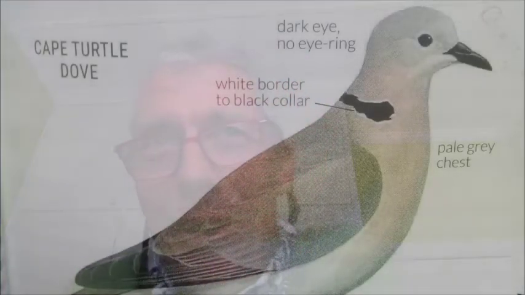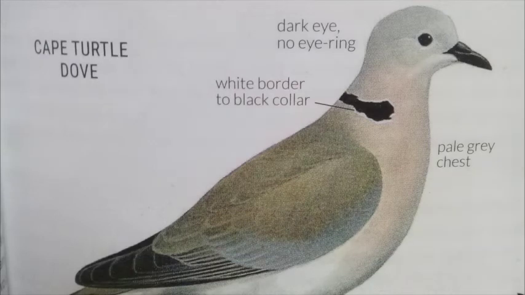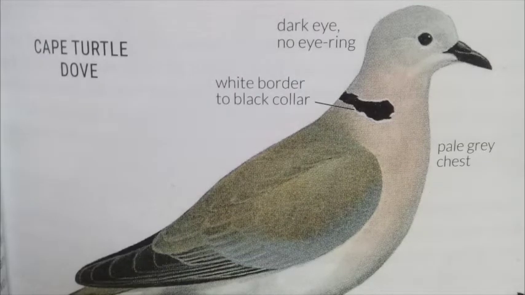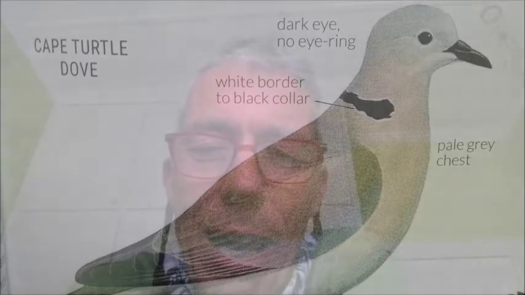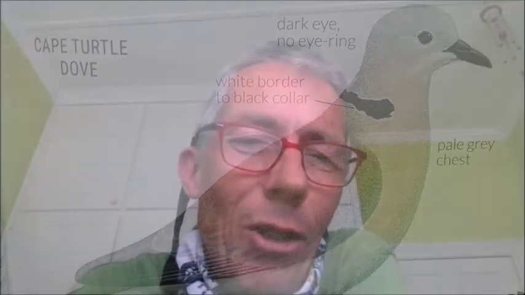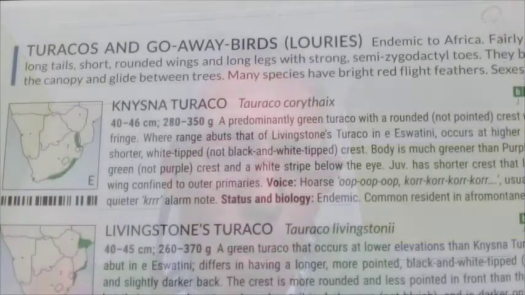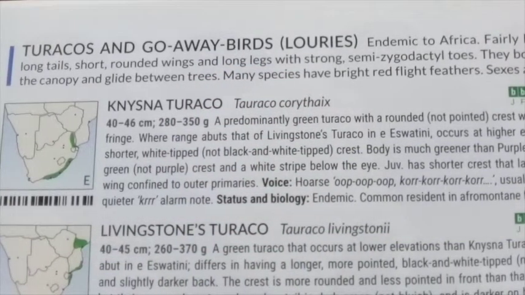But if you're an international birder, you kind of know in the back of your mind that it's also known as a ring-necked dove. And we do put in the book the alternate names where names have changed. So things like the lourie, we'll keep lourie in brackets, even though they're all turacos now, because lourie, like dikkop, was very much a South African name.